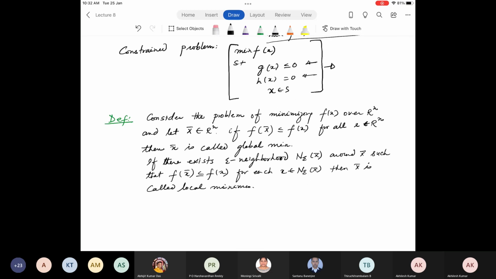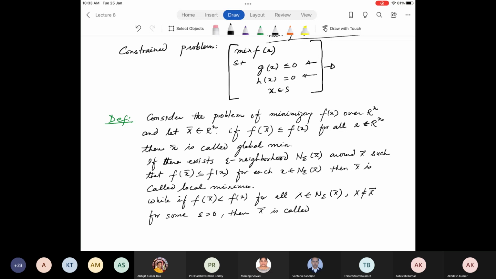And the third definition: if f(x bar) is less than f(x) for all x in the neighborhood of x bar, excluding x bar itself, for some epsilon greater than 0, then, based on what we have discussed last class, this is called a strict local minimum.